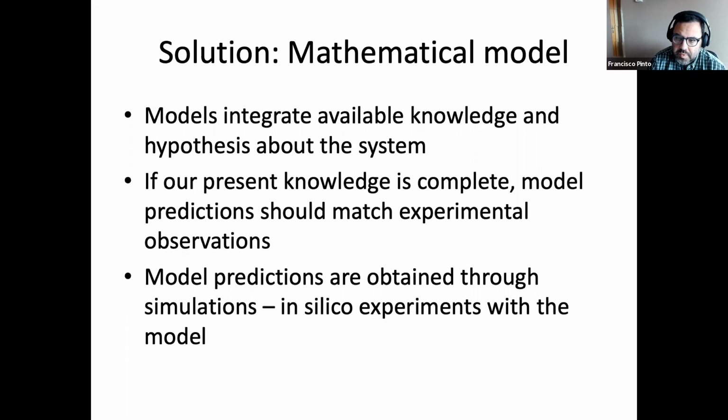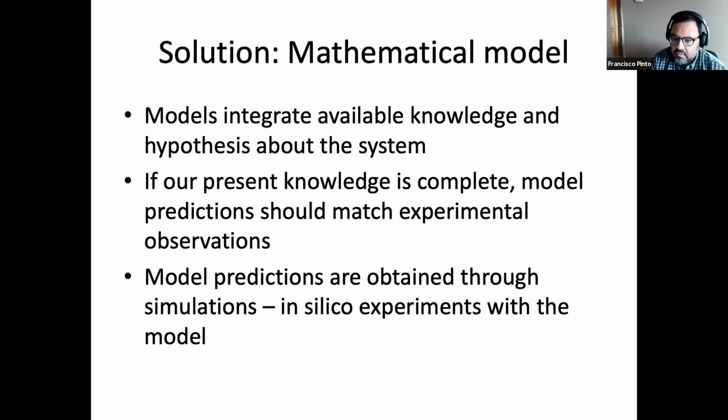Basically, these mathematical models integrate available knowledge and hypotheses about the system. So when you build a model, you are encoding in mathematical language what is known about the system presently, and if what you know about the system is correct, then the predictions of the model should agree with experimental observations, and that would allow you to make even further predictions in different conditions that will allow you to test and validate the model.